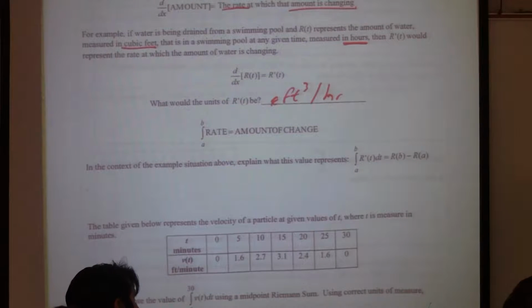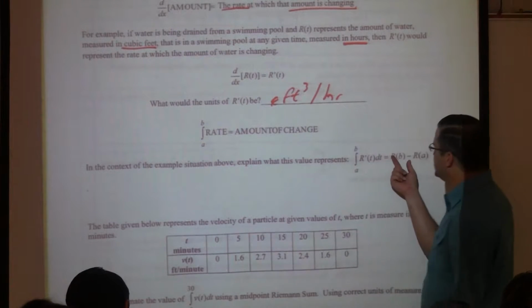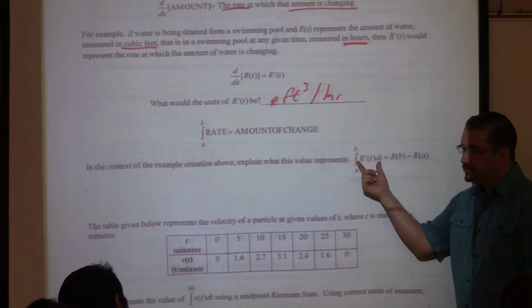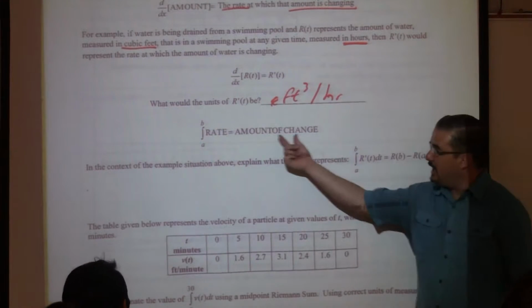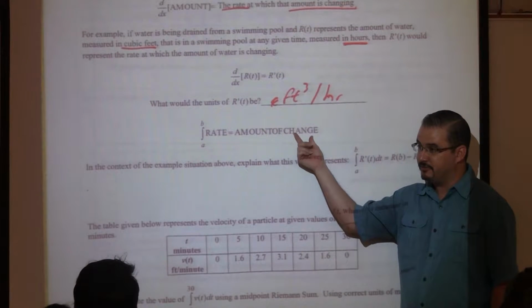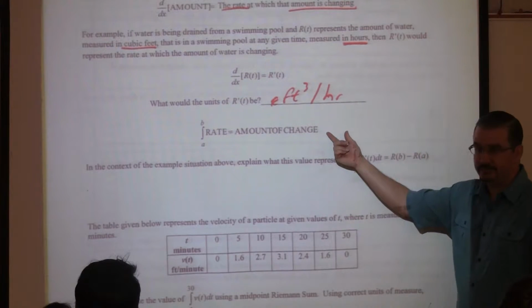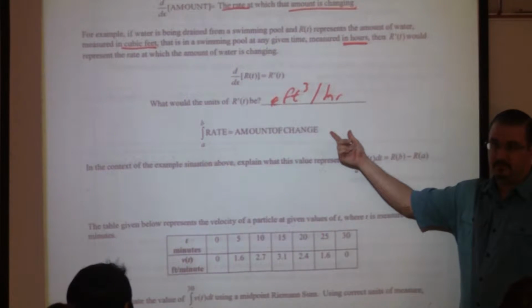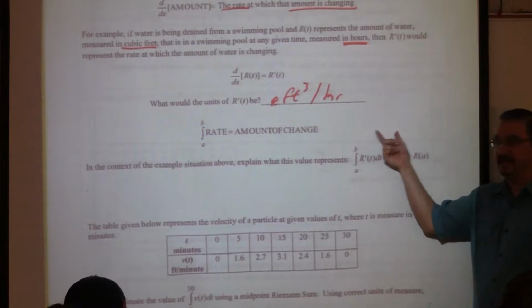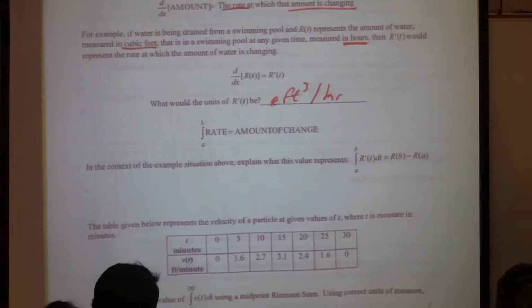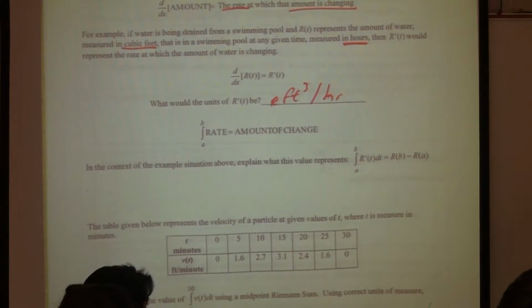What did that R function represent originally? The amount of water in the pool at any given time. So this is telling me the amount of change of the water that is in the pool, specifically in that time interval from A to B. Do we understand?